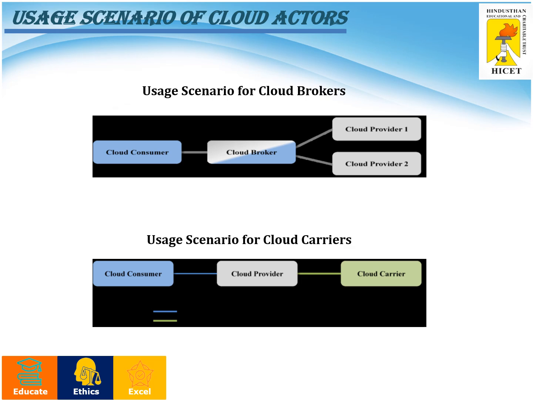Here, the cloud carriers provide the connectivity and transport of cloud service from cloud provider to cloud consumer. As you can see from the figure, a cloud provider participates in and arranges for two unique service level agreements, one with the cloud carrier and another with the cloud consumer.